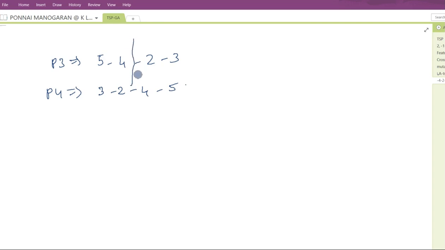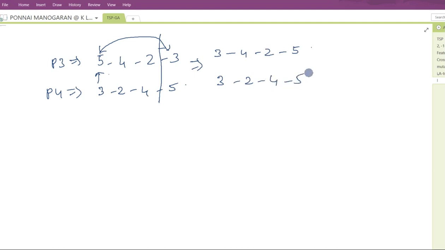For a change, let us take the crossover point as 3 randomly. So let us transform it. If you transform it, it will violate with this. So you transform it: 3, 4, 2, 5. Since the explanation is already given, I am directly writing 3, 2, 4 and 5. Again you need to perform the swapping here.